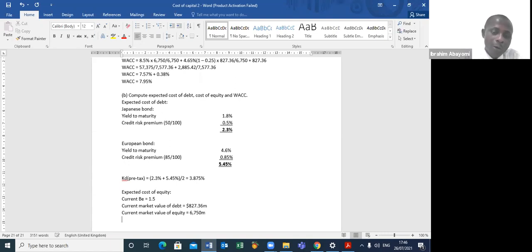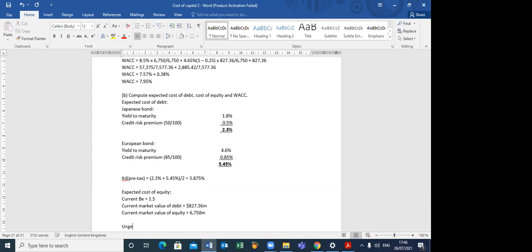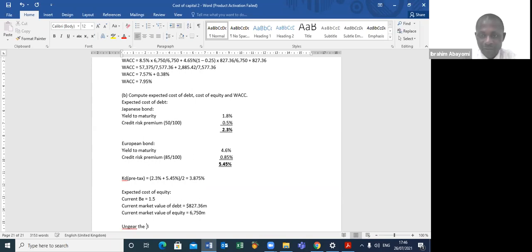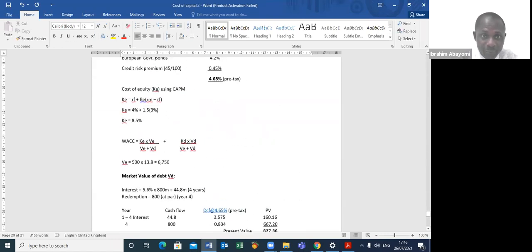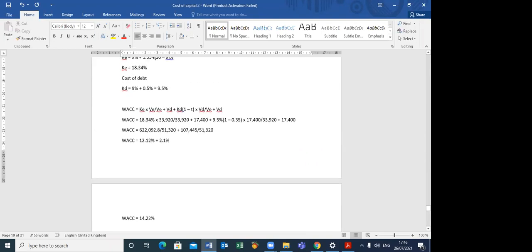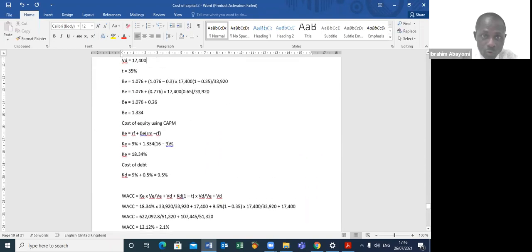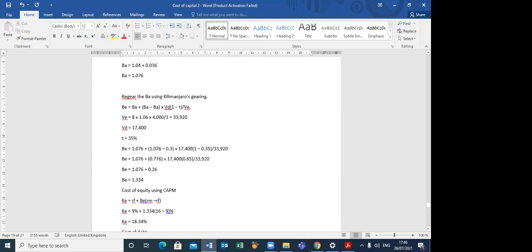Now, when we have this, we now go and what? Ungear the beta of equity. So for us to ungear, let me go and bring down the formula. I would have done it straight, but so that you can follow it easily, let me just go and bring down the formula.